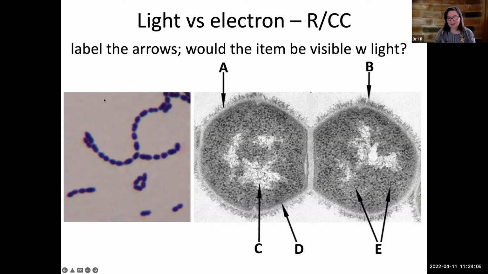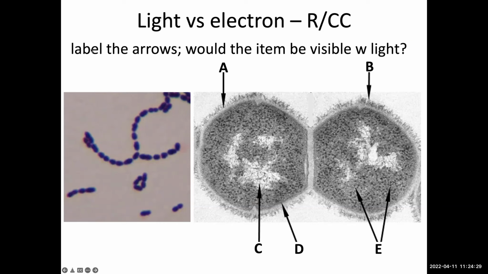Aminata, what do you think E is pointing to? I think I'm going to pass too. I'm not really sure. Yeah. All right. Now, before I reveal the answers and talk about why we're doing this, does anyone have a guess that they want to share that hasn't been said or about any of these? You can just raise your hand and say, I think A is, or I think E is, or whatever.